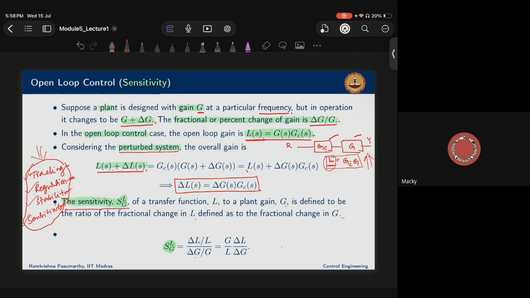Substitute both L and delta L, and you have this expression, that is the change in the overall transfer function.